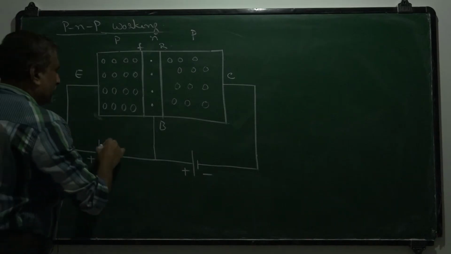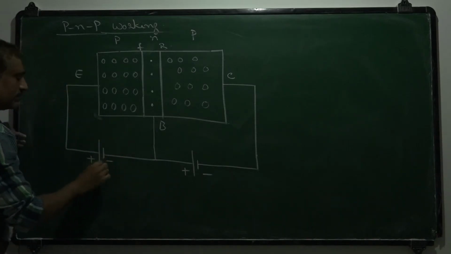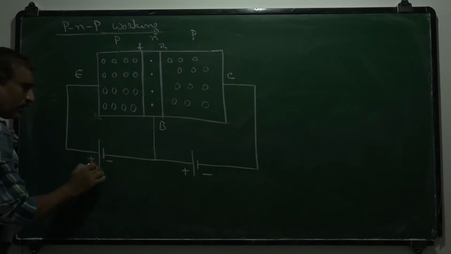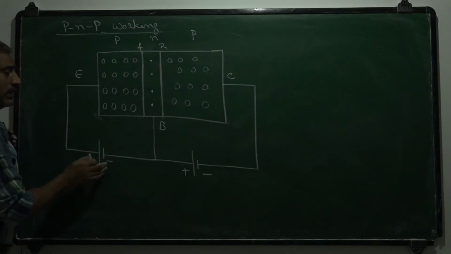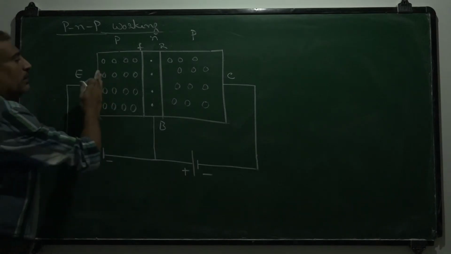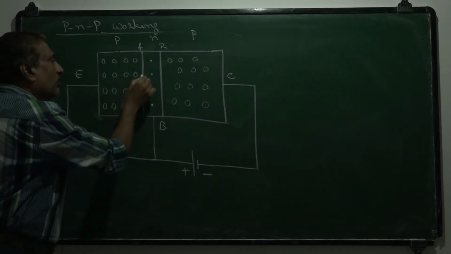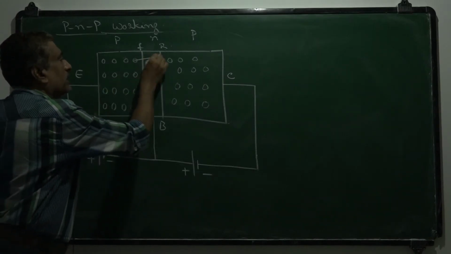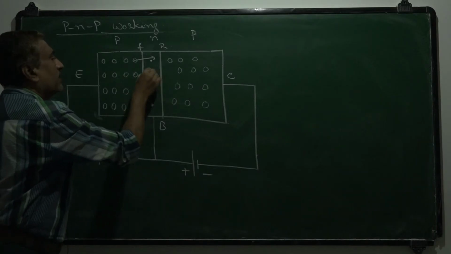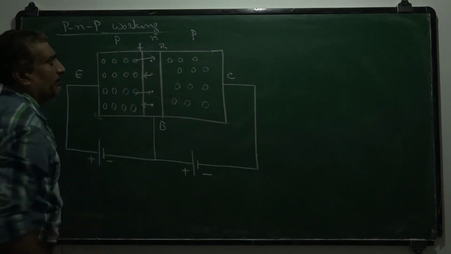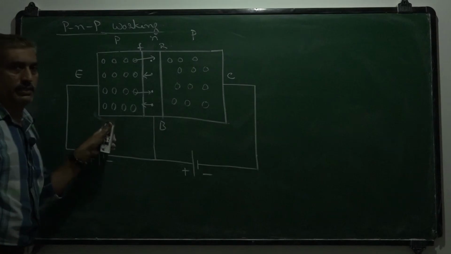So the forward bias voltage repels these holes towards the junction, and these holes move towards the junction like this.